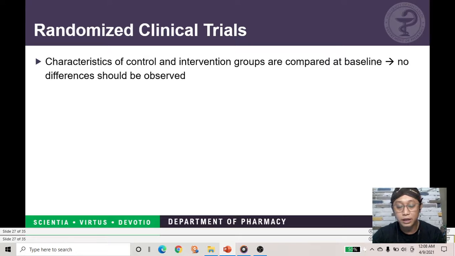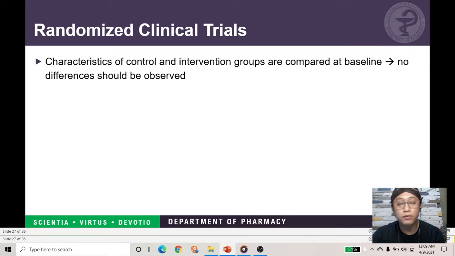In the beginning of the study, we have to define the characteristics of participants, and we measure those characteristics, and then we compare them. So in the randomized clinical trial, there will be a comparison at the baseline, and we hope that they do not differ from each other. It means that both groups are the same.